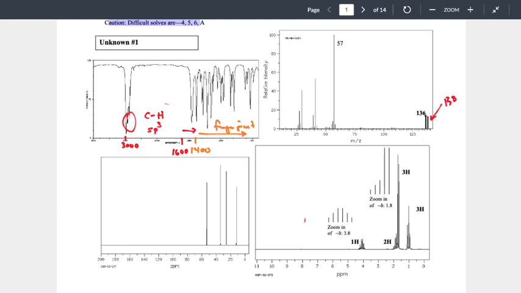2 times the number of carbons? 2 times the number of carbons plus 2 plus the number of nitrogens minus the number of halogens or hydrogens.